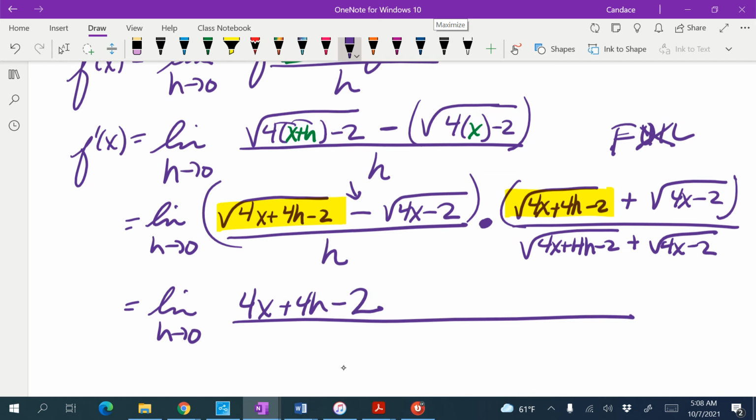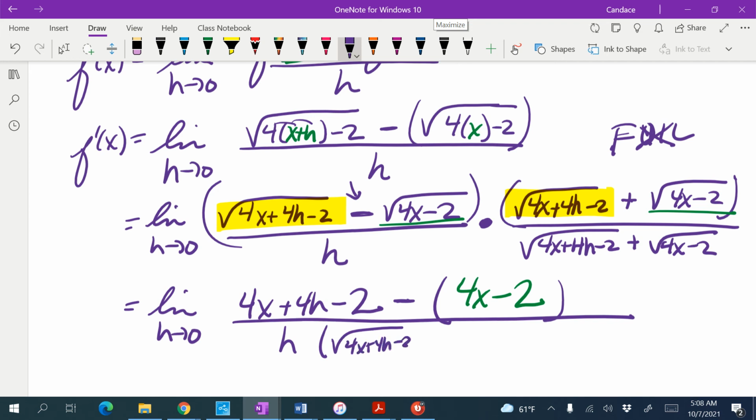There's a minus times a plus, so it's going to be a minus, and I'm going to use some parentheses. Again, we are multiplying this times itself, so it's just going to be what's underneath, 4x minus 2. The denominator, I'm not going to FOIL it all the way out. I'm just going to distribute that in. I'm just going to leave it as h times the square root of 4x plus 4h minus 2 plus the square root of 4x minus 2.